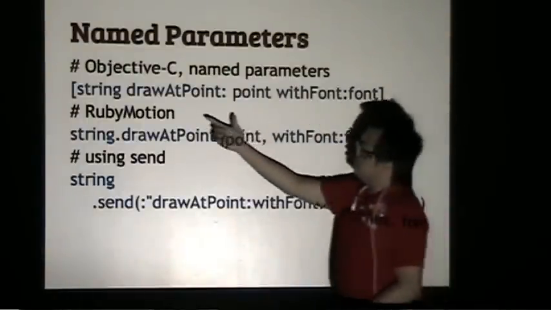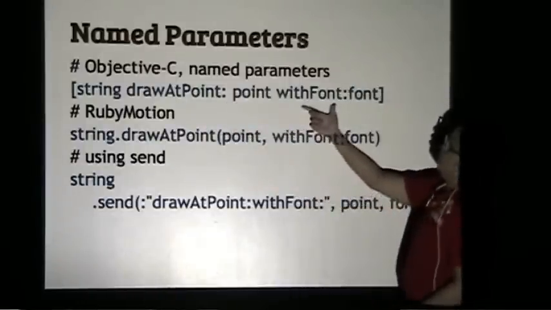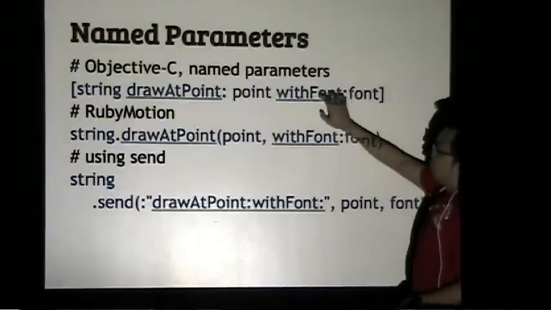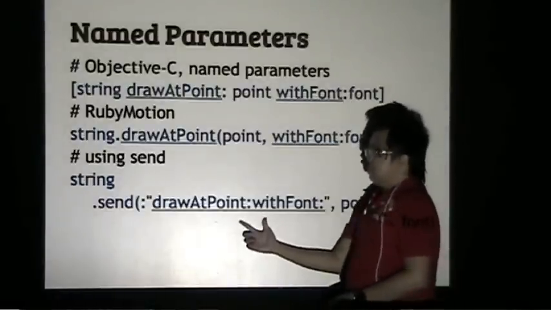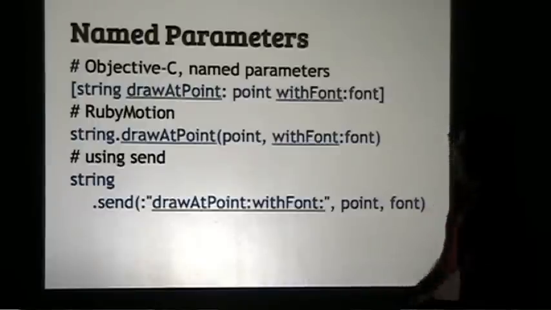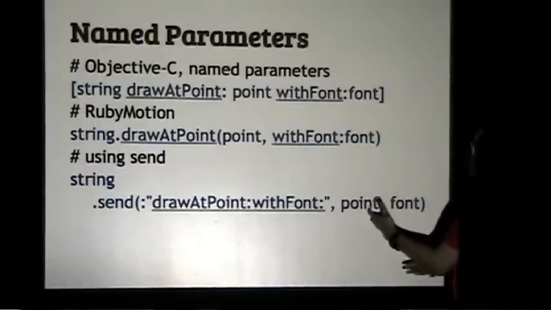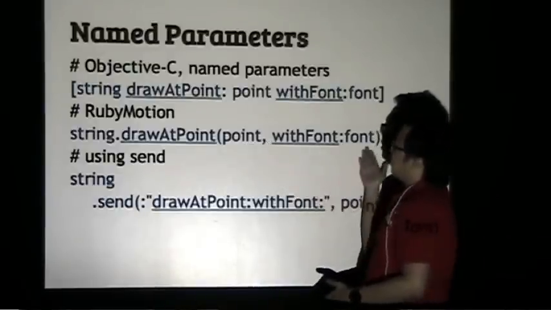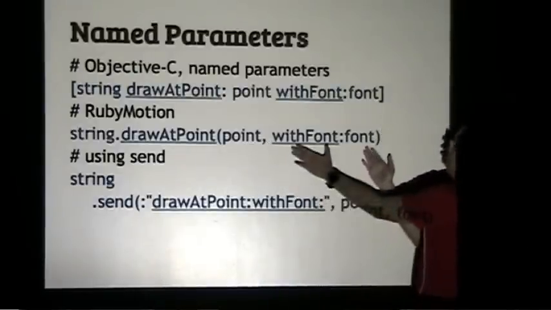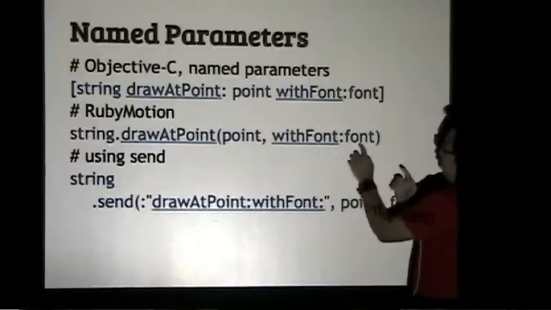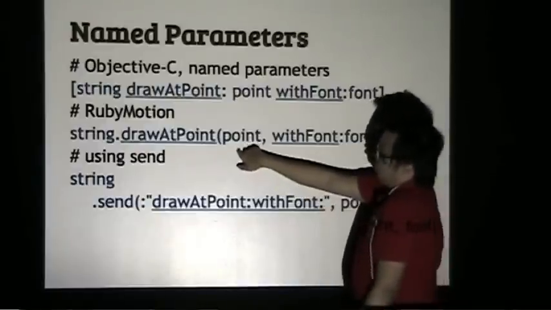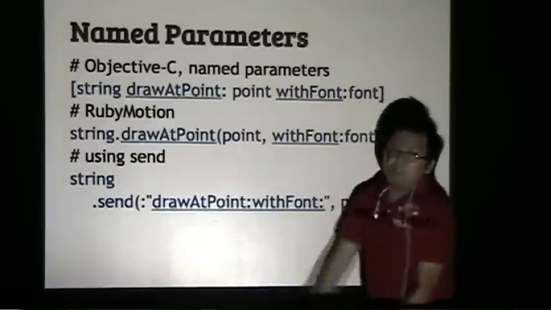Actually the method is drawAtPoint:withFont:. When you translate this into RubyMotion, the method is drawAtPoint withFont, and you have two parameters. Named parameters means that your parameters are labeled with the method name. The font parameter is labeled with font, and point is labeled with point.